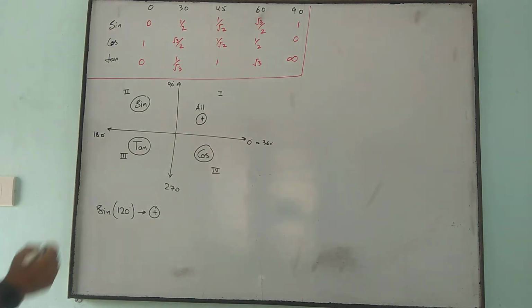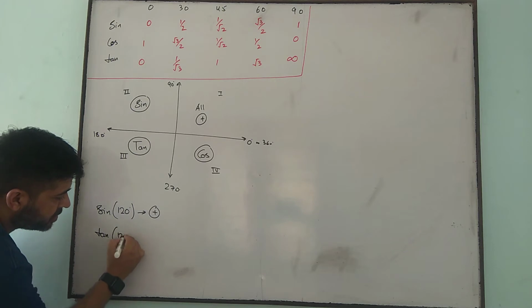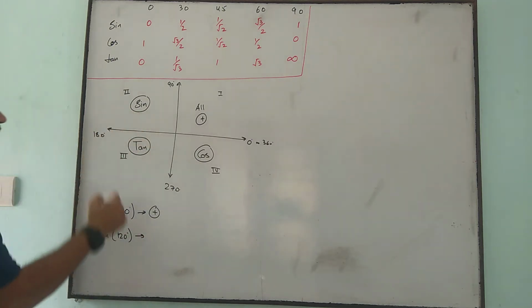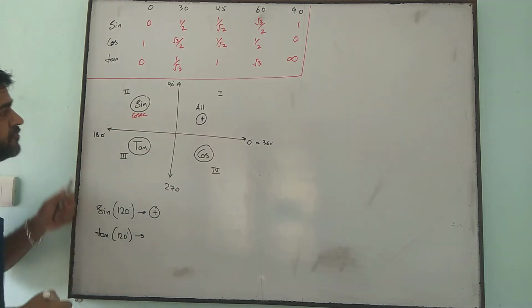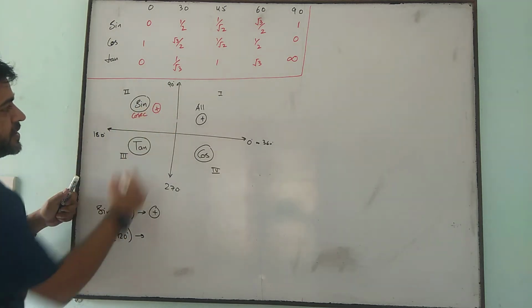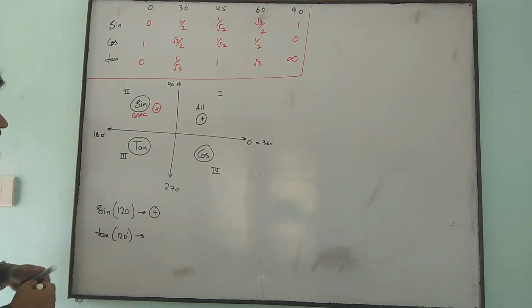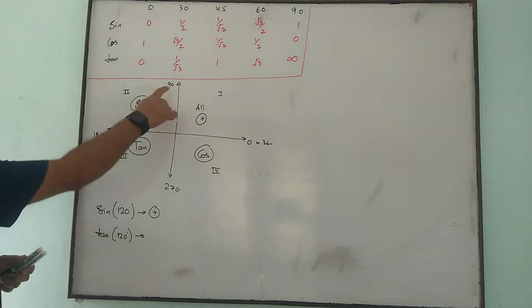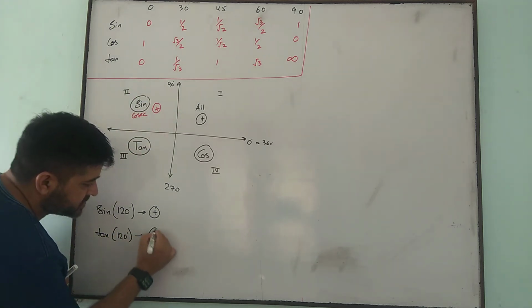And if we are taking tan 120, only sine and its reciprocal, cosecant, will be positive in this quadrant, the rest will all be negative. So if you find tan 120, 120 lies in the second quadrant and according to this concept you will get a negative result.